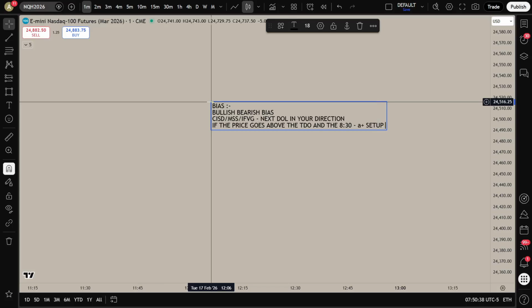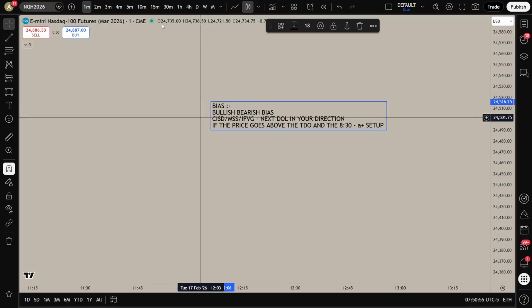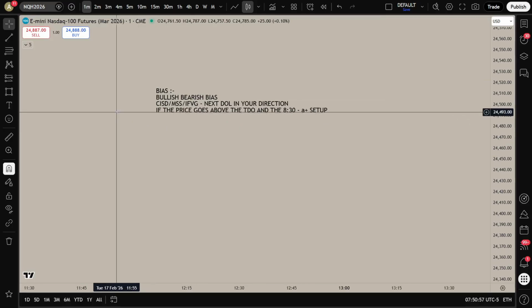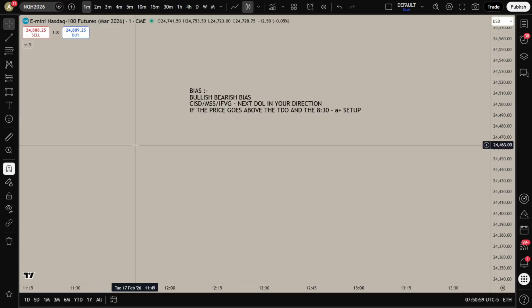Because now, if the price is above both the TDO and the 8:30 open, then this is a deep premium for shorts. And similarly, a deep discount when the price is below both the TDO and the 8:30 open. Right? This is how to combine the 8:30 and the TDO for your premium or discount for the day.